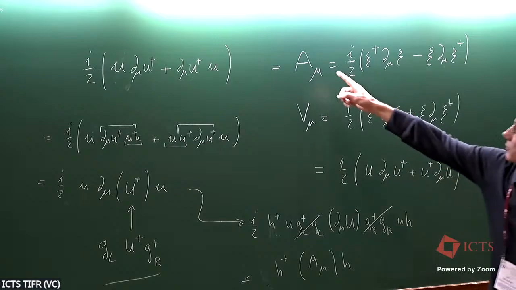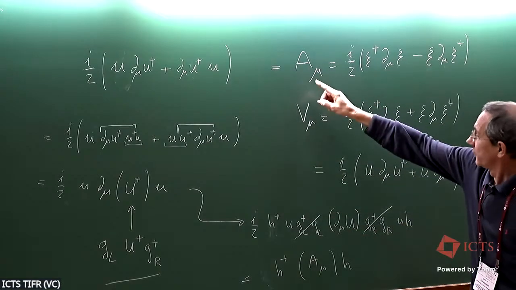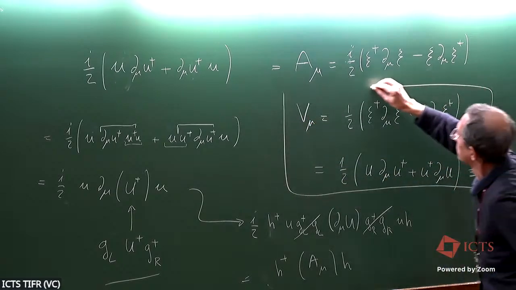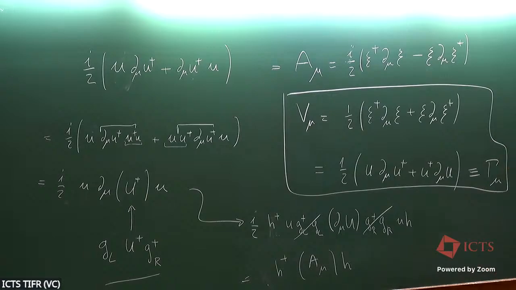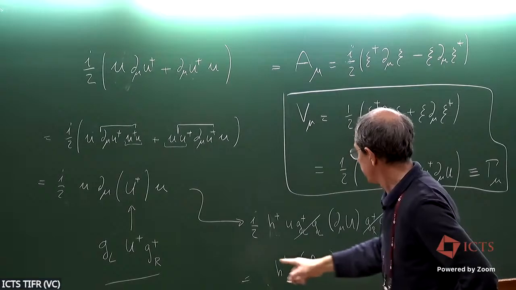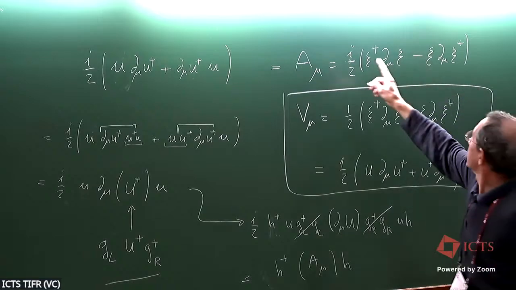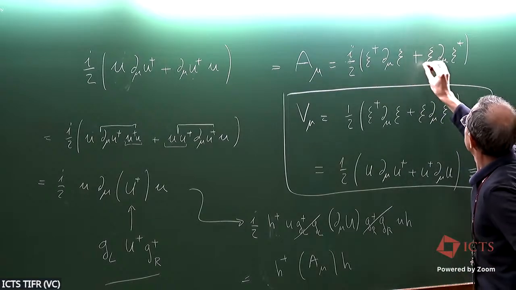No, this was a mu. V mu is this other object here. So a mu is these things which I've rewritten here. Yes, because I moved the covariance, this is plus.